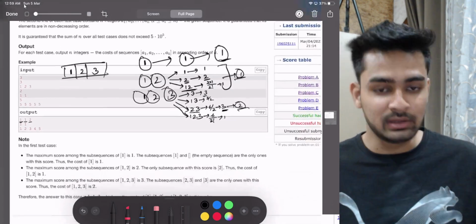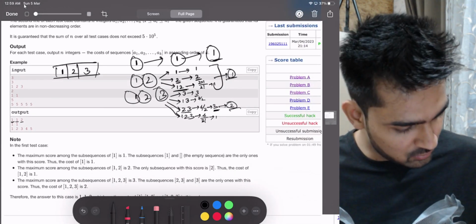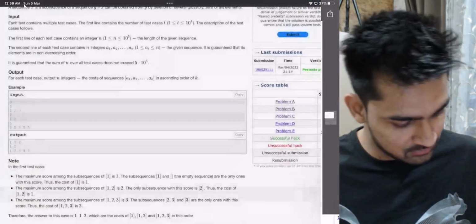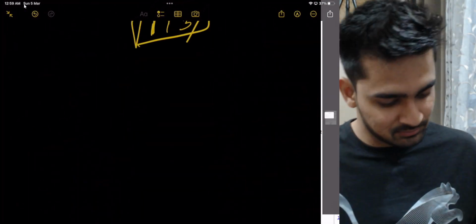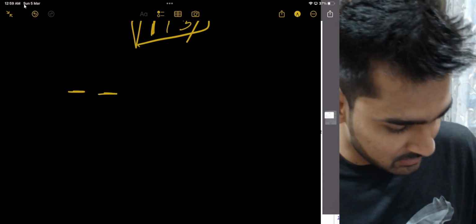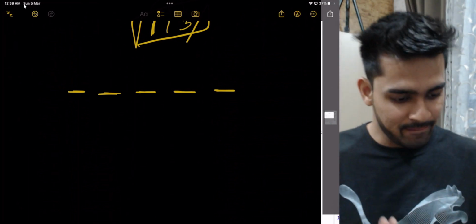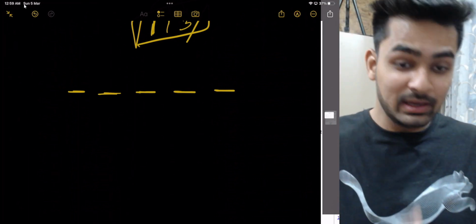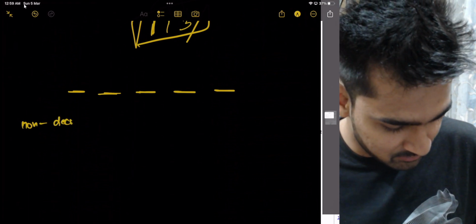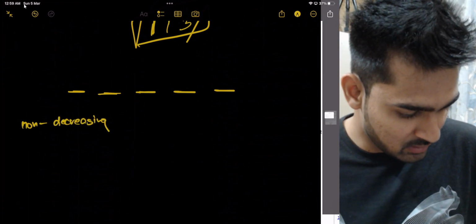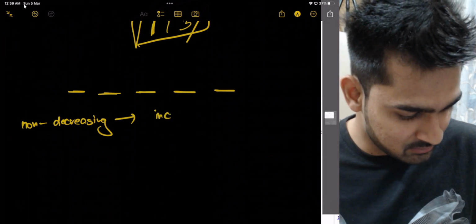Now, how do we really do this? Let me go back to my board. Okay, so let's say we had an array, we had some values. We are given this is an increasing sequence, non-decreasing actually, which is nothing but increasing.